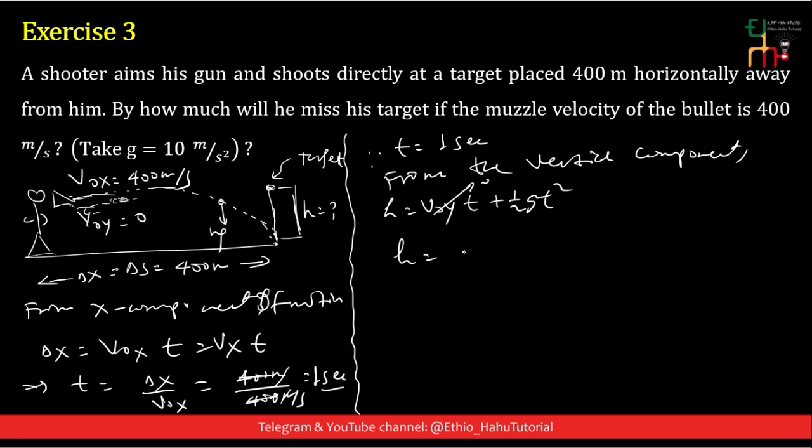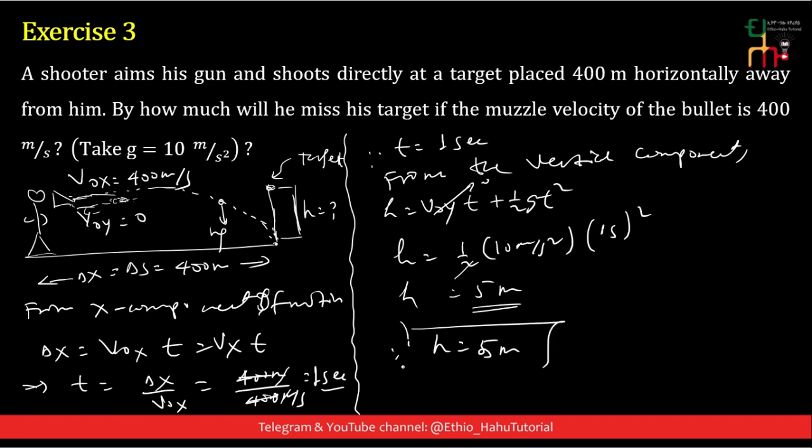H is equal to half times g, which is 10 meter per second square, times t, which is 1 second, squared. This is equal to 1 by 2 times 10 meter per second square, second square goes with second square. We are left with 5 meters. Therefore, h is equal to 5 meter.